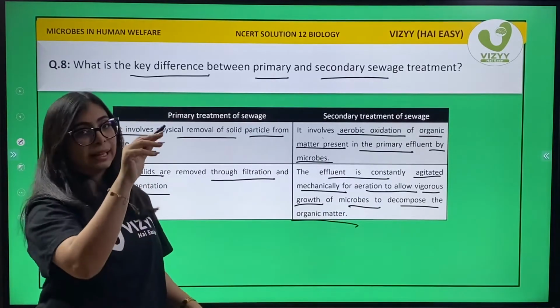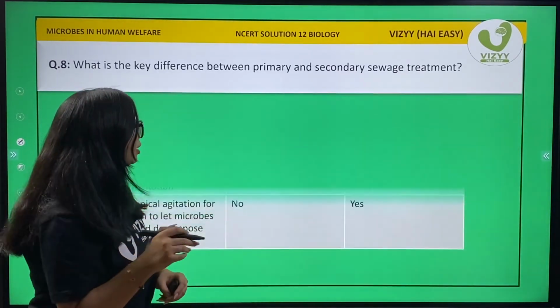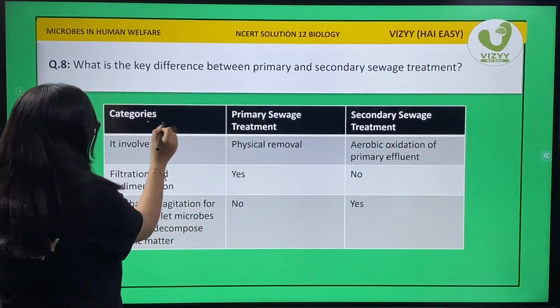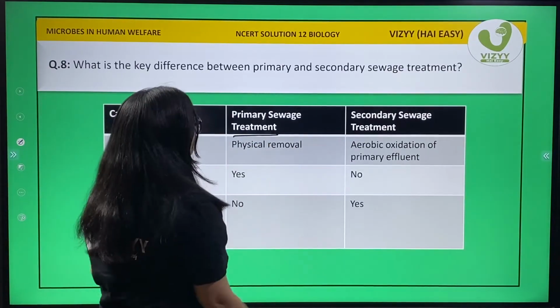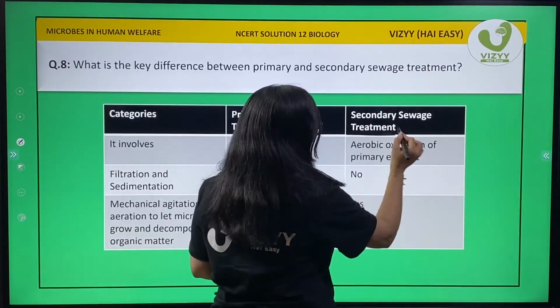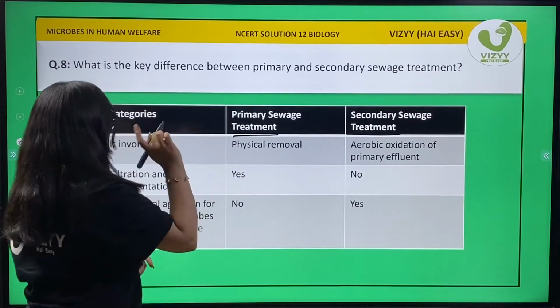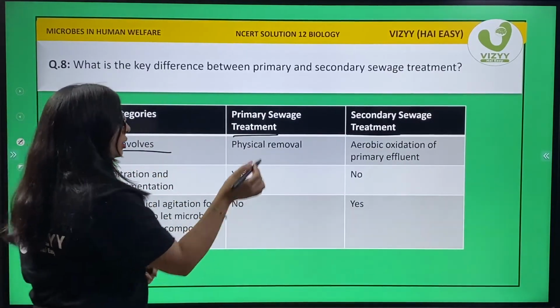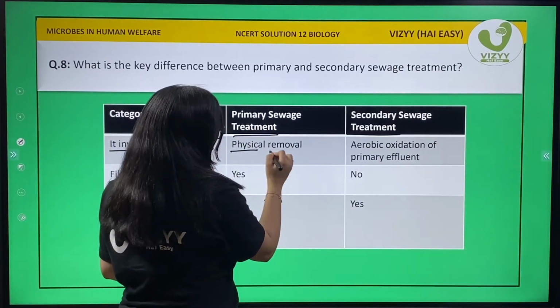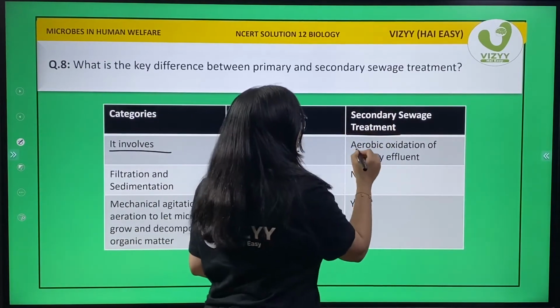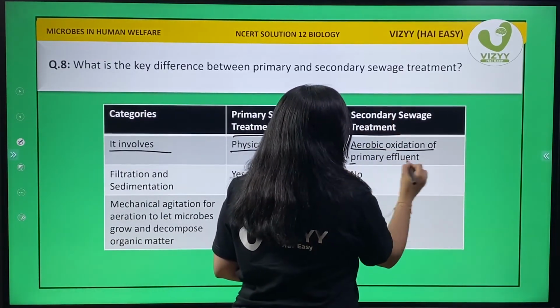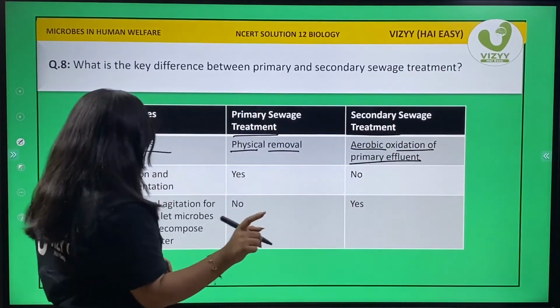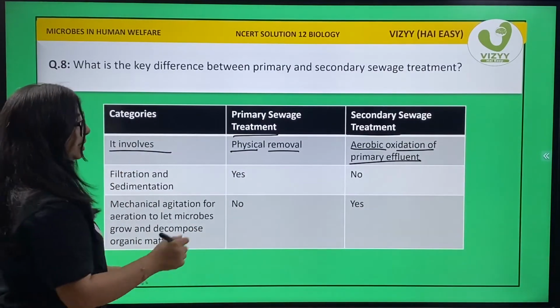Now, let's categorize this. We'll make 3 columns. One will be of categories, the other ones will be primary sewage treatment and secondary sewage treatment. Now, it involves what? Primary will be physical removal, secondary would be aerobic oxidation of primary effluent. Now, filtration and sedimentation.